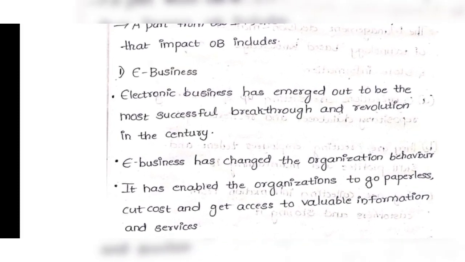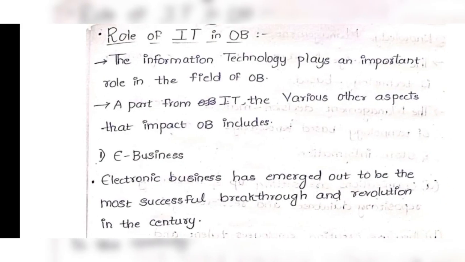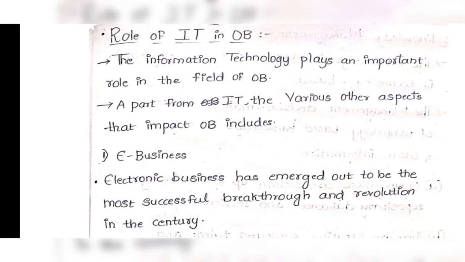The next topic is the role of IT in OB. What is the main role of IT in organizational behavior? Here IT is information technology, and it plays an important role in the field of OB.